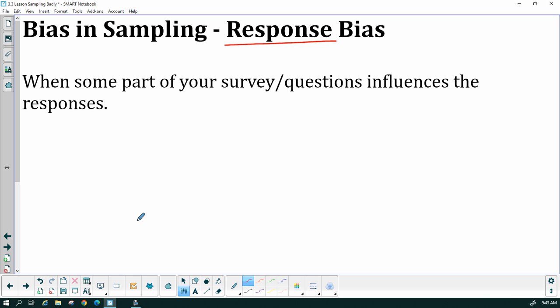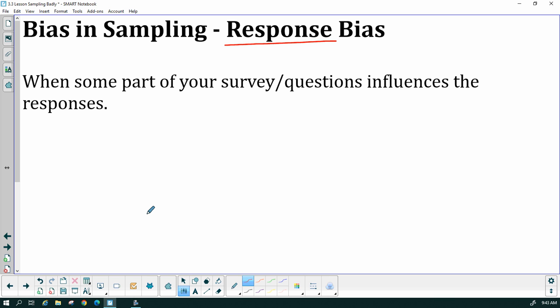So I might ask a question of a student and they might feel like they have to answer in a certain way because I'm their teacher. So this would create what's called a response bias, where we're influencing in some way the person's response, whether we've worded a question in a way that makes them want to answer, or they're being asked by somebody who has some position of authority, which makes them want to respond in a certain way. And that's why a lot of times surveys will be anonymous so that you answer honestly.